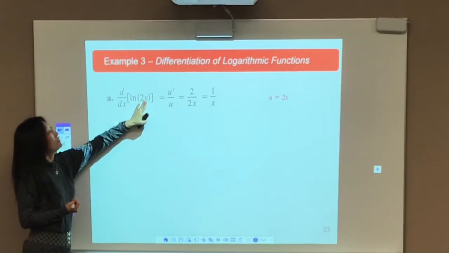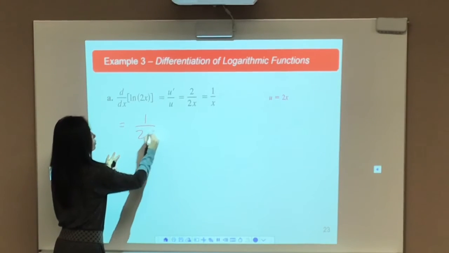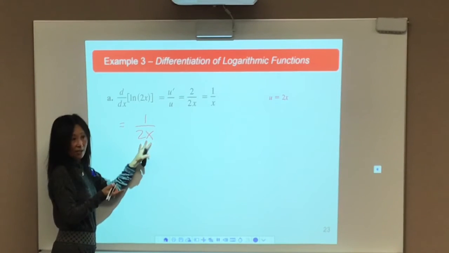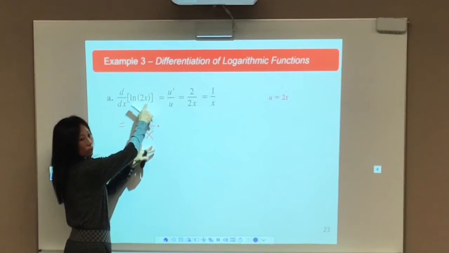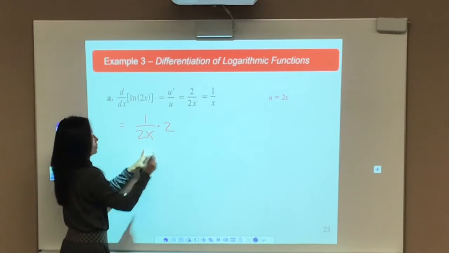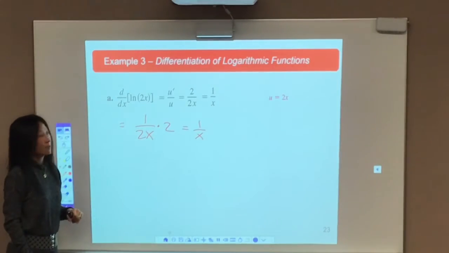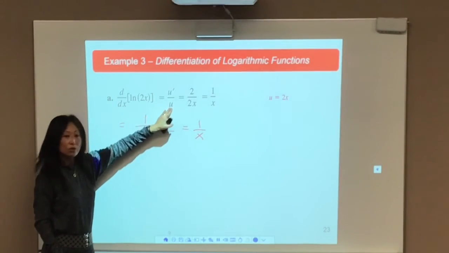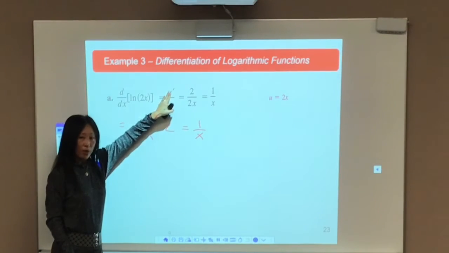So this derivative is the same as 1 over what? 2x. That's the first thing. What's next? Take a derivative of which one? 2x. What's the derivative of 2x? 2. So that's why you get a 1 over x. Does everybody see that? You put the 1 over u, and then times what? U prime.